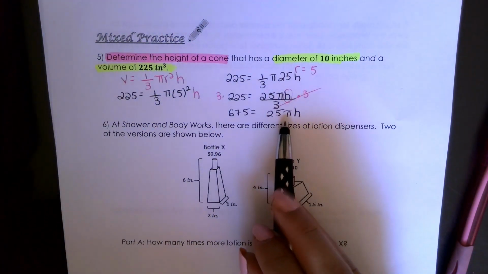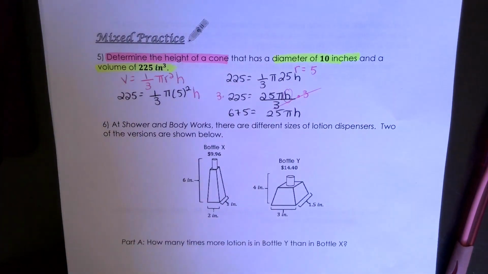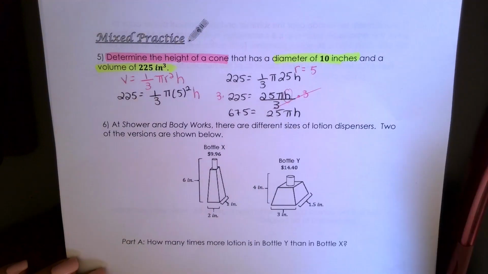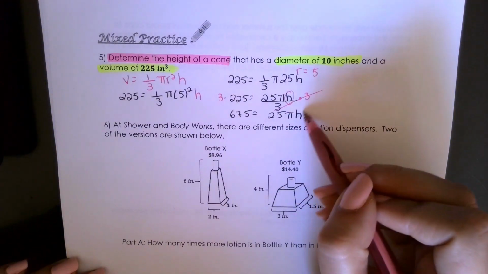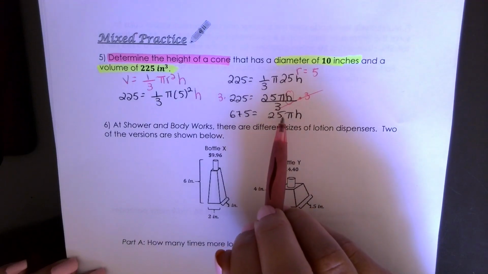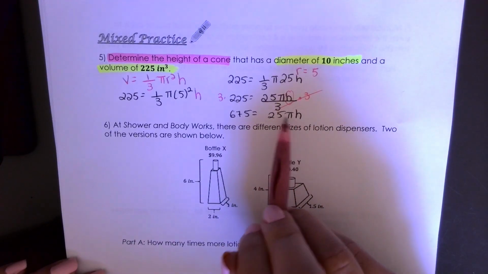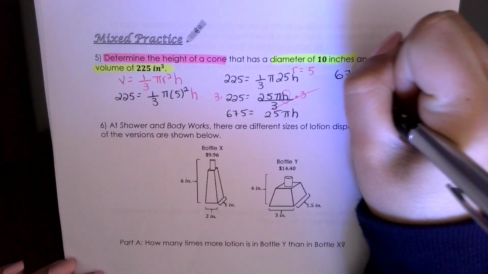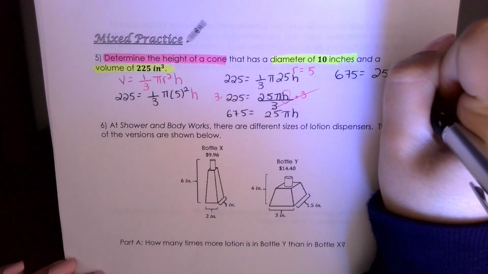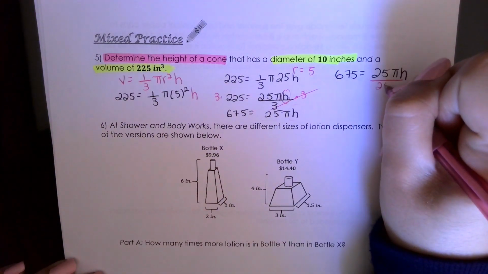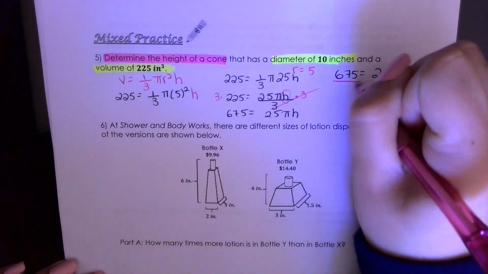Now, just to recall, pi is a constant. It's just a number. So we're saying 25 times a number times h. This is your coefficient of h. I want h by itself. Because it's being multiplied, we're going to divide both sides by 25 pi.